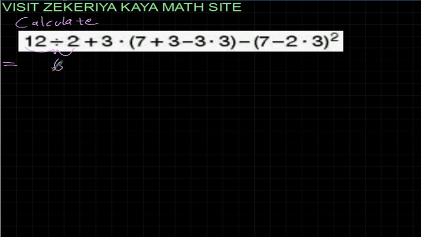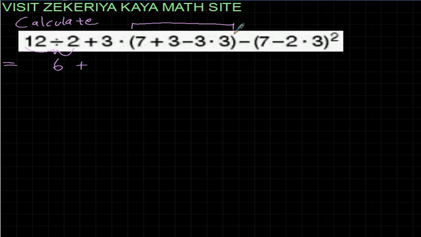Now after that I have plus 3 times something which I need to calculate. What I have here is 7 plus 3 minus, plus and minus. Addition and subtraction come last, okay?